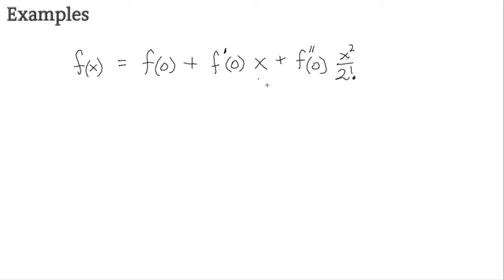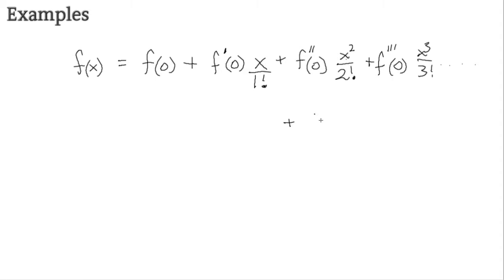In this case, technically I have 1 factorial here, but it's just 1, so most people don't write it. Then next up you have the third differential of 0, x cubed on 3 factorial, etc. Technically it adds up to infinity.